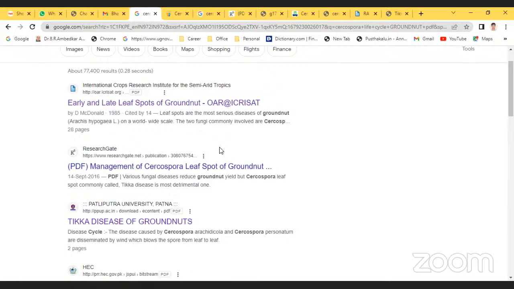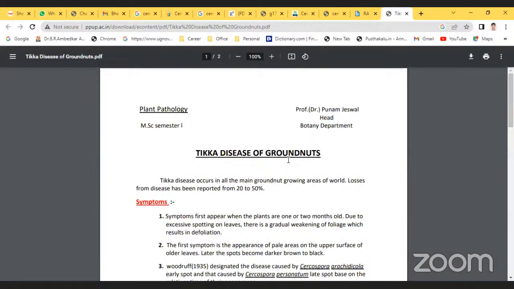Among the Cercospora species, there are Cercospora personata and Cercospora arachidicola, which cause what is generally called Tikka disease of groundnut. What is the scientific name of groundnut?